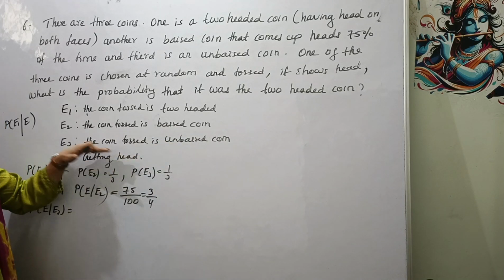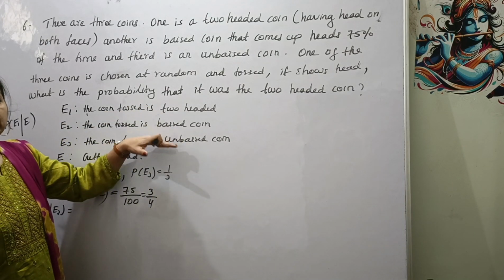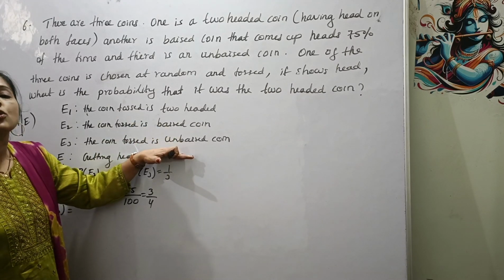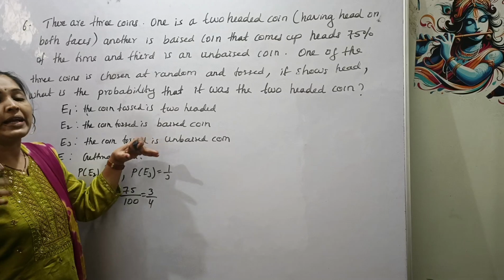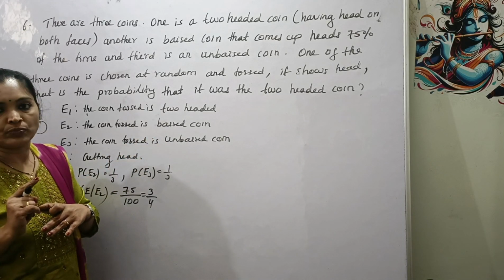Right. So here, the probability of getting head given that the third coin, the unbiased coin, is tossed. Here we will get either head or tail. So what is the chance of getting head? 1 by 2. Right.